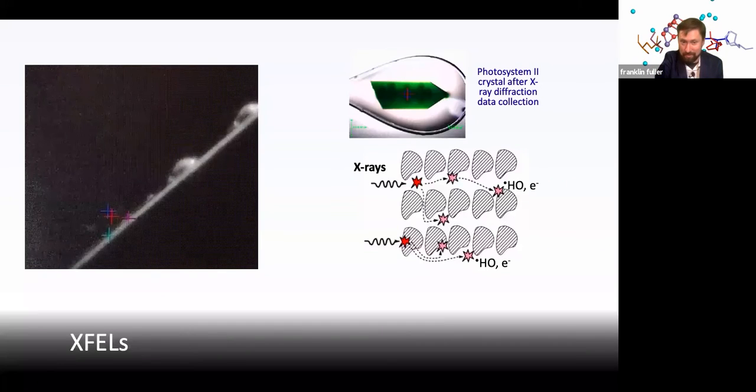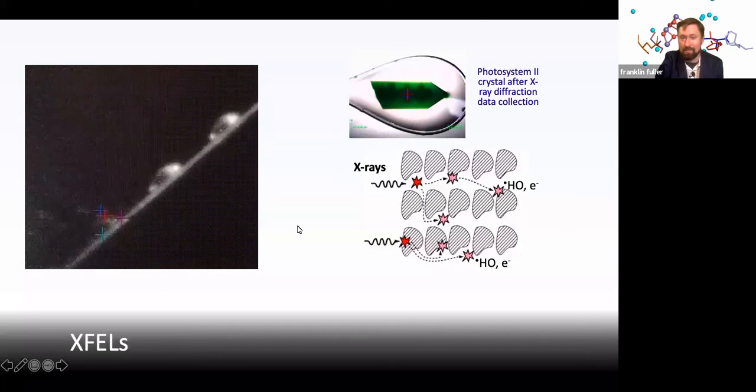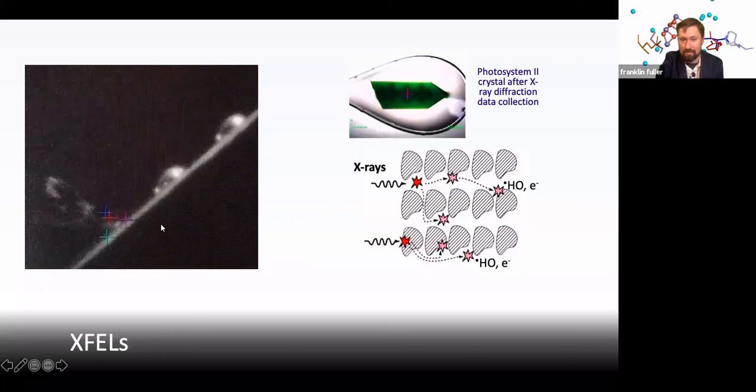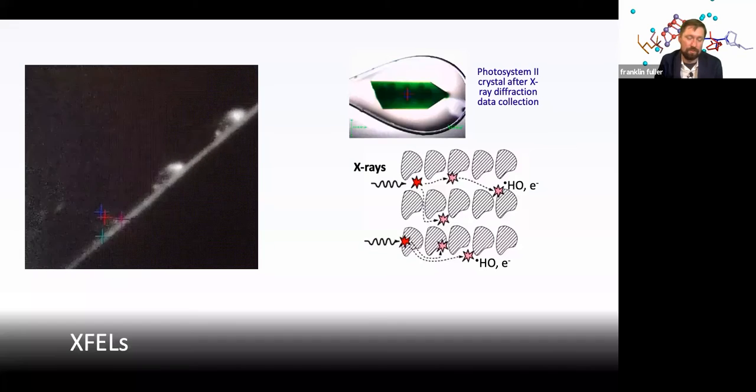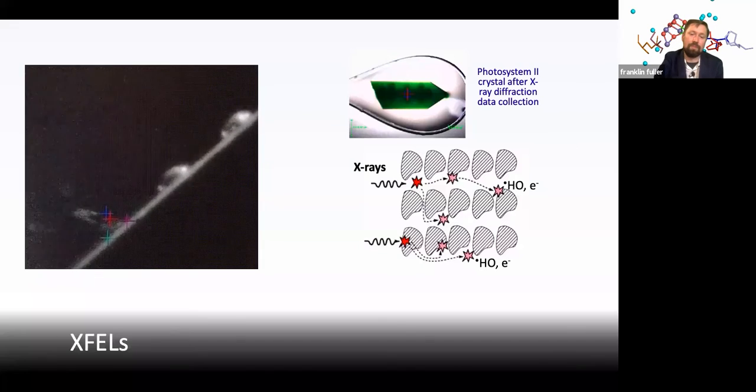Oh, and the important thing was that because we're able to put so much dose into this sample, we do end up having to pay the Pied Piper in the sense that we will destroy the sample in a single shot, but it takes about a microsecond for that sample to blow up. And by this time, the signal that we wanted was collected and done, and everything was completed.